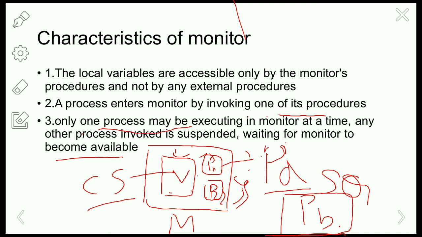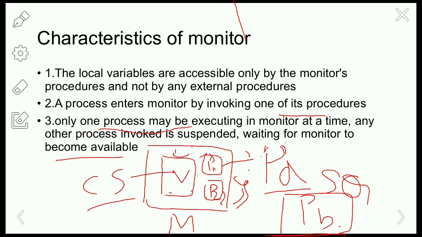The monitor provides a mutual exclusion facility for accessing the resource. To be useful for concurrent processing, the monitor must include synchronization tools. So the monitor supports synchronization by the use of condition variables that are contained within the monitor and accessible only within the monitor.